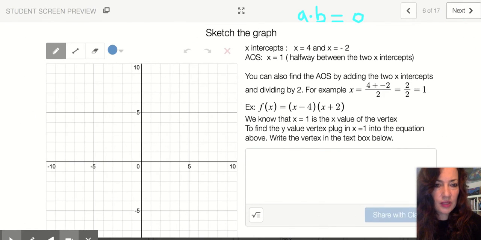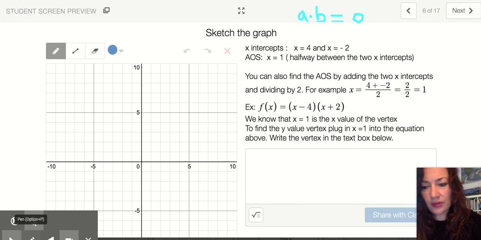All right, moving along to slide 6. Now it's asking you to place on the graph, to sketch the axis of symmetry and the intercepts, and also now to find the vertex. I'm going to place those two points here.